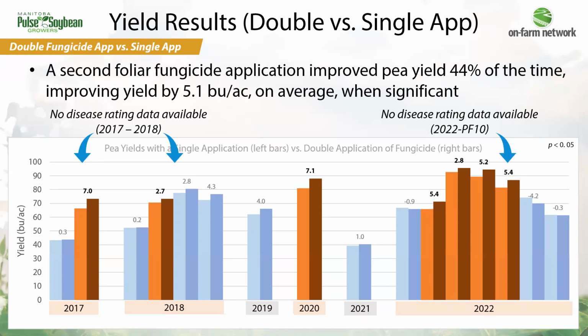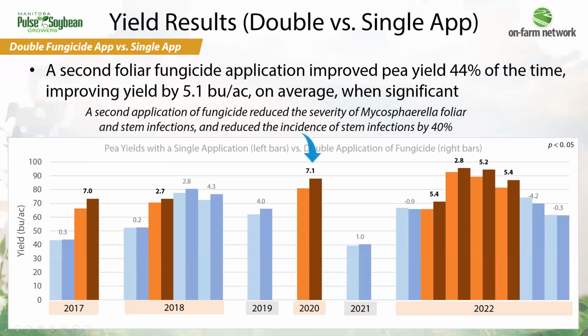We don't have disease rating data available for 2017 or 2018 to further explore those yield differences, and there's also no disease rating data for this one significant trial in 2022. At this trial in 2020, though, a second application of fungicide reduced the severity of both foliar and stem infections of Mycosphaerella and had a big impact on reducing the percent of plants with stem infections by 40% on average.